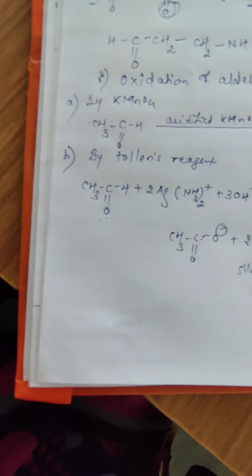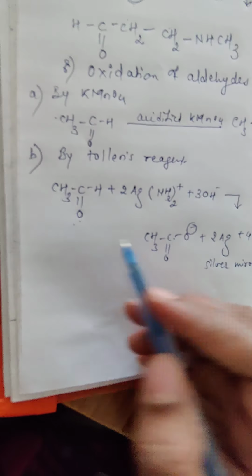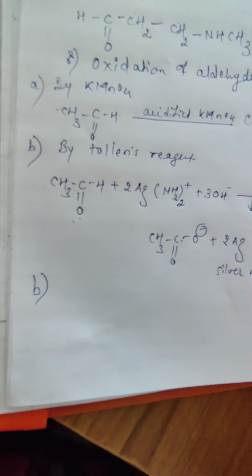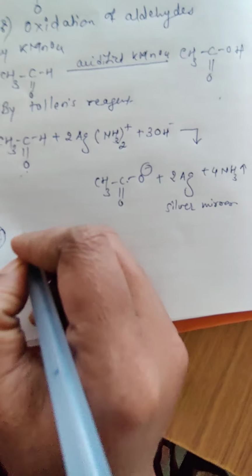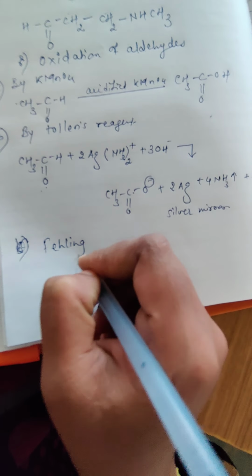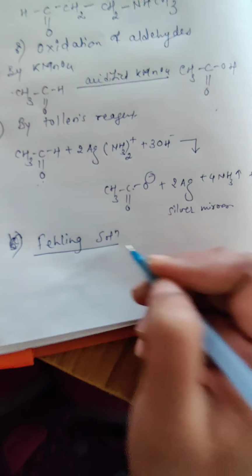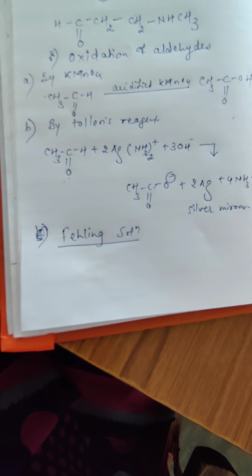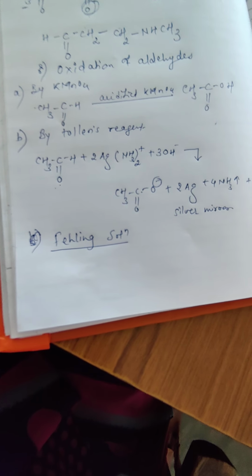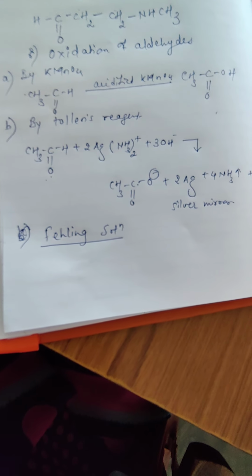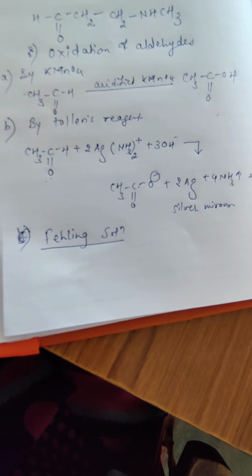Then third, which you also did in the experimental part, is C1, by using Fehling solution. So Fehling solution also oxidizes aldehyde to the corresponding carboxylic acid. Fehling solution is a mixture of Fehling solution A and B. What is Fehling solution A?